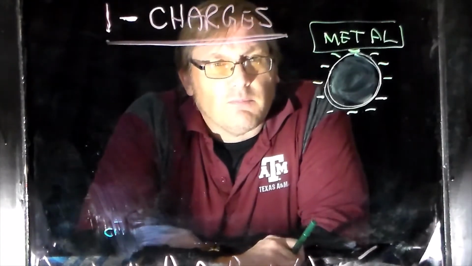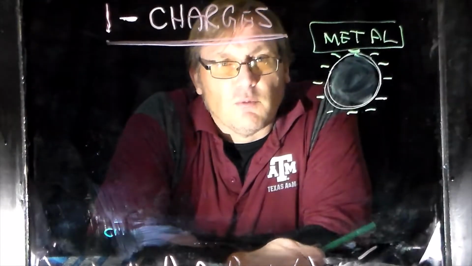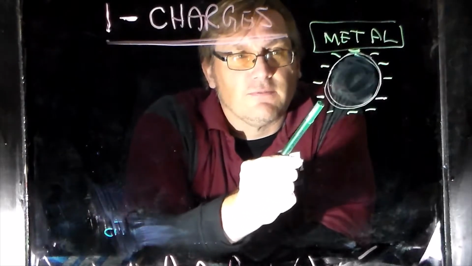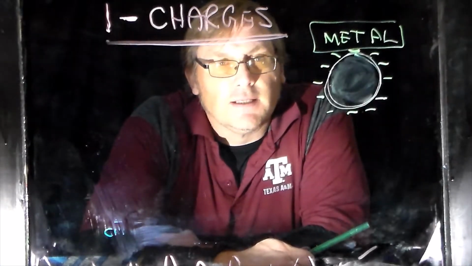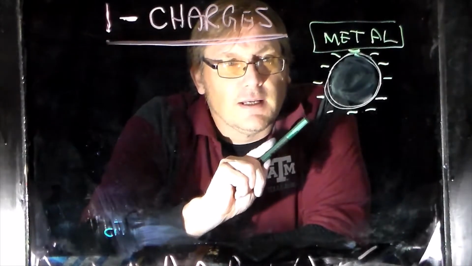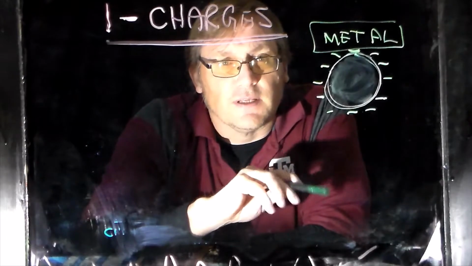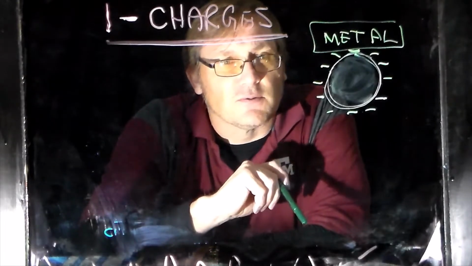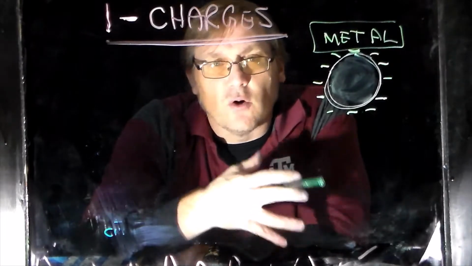The nice thing about this is in a metal, the charges are free to move around, and they move to a configuration where they're as far away from as many other excess charges as possible. So that's good. That tells us sort of where they go. They go to the edges.